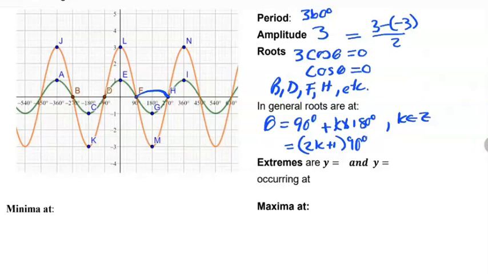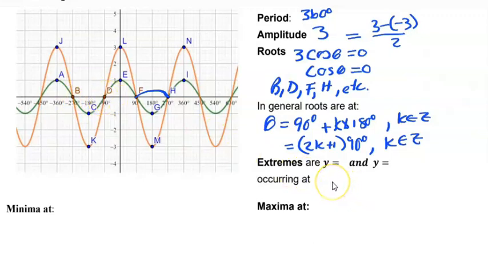Because we take out 90 as a factor, and then we see that at all the odd numbers, whenever I put a value in here for k, I'll get an odd number. If k is 0, I get 1, which gives me 90 degrees. If k is 1, I get 3 times 90, which gives me 270 degrees. If k is negative 1, I get to minus 90 degrees. And so forth.